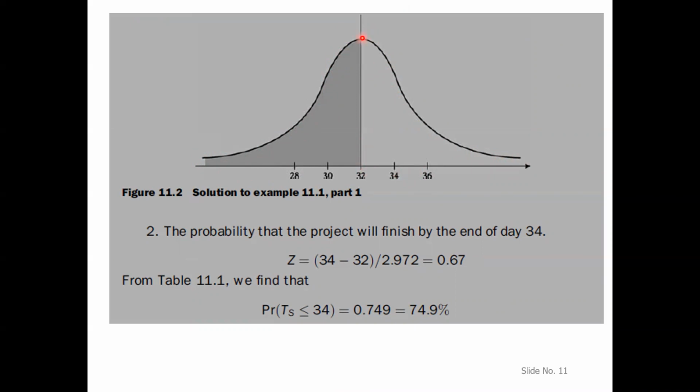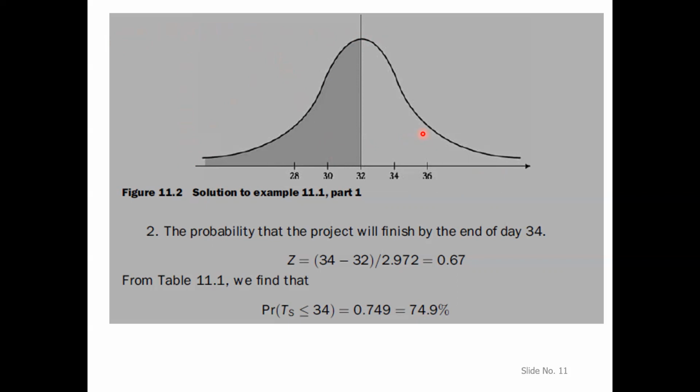When we are exactly in the middle, that means the probability is 50%. So this shows the 50% probability, from 0 to 50.